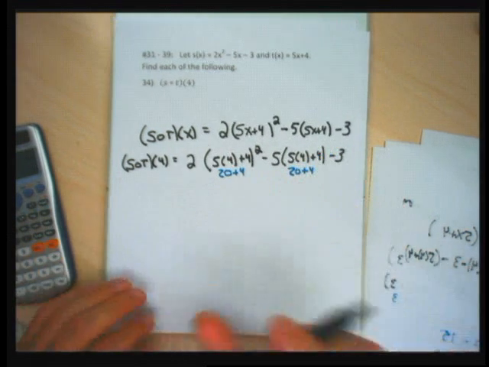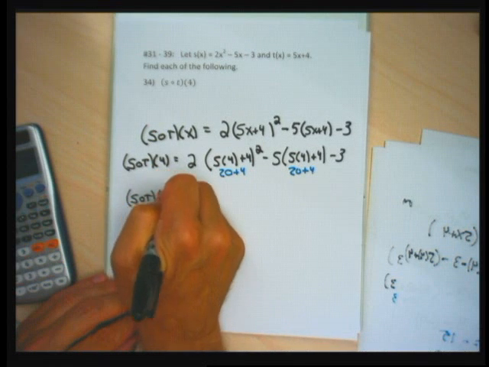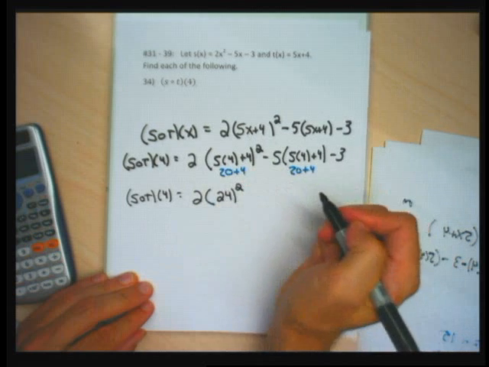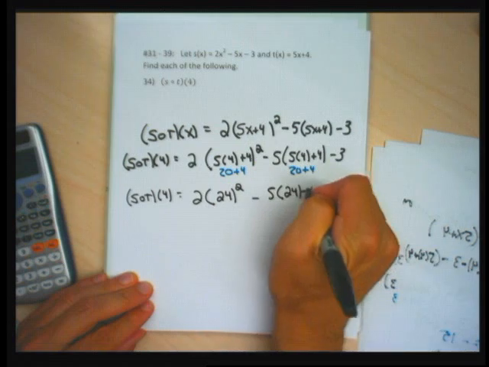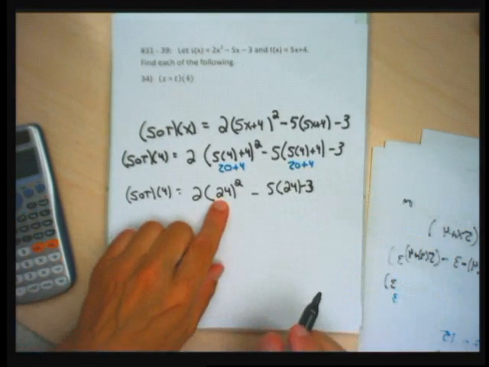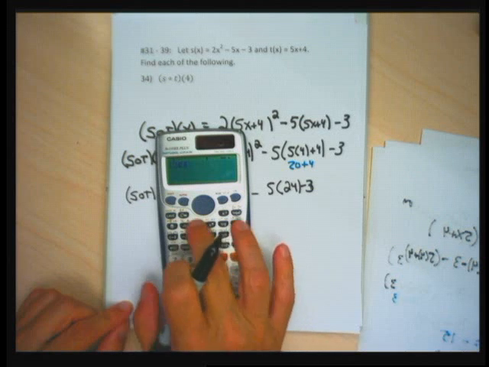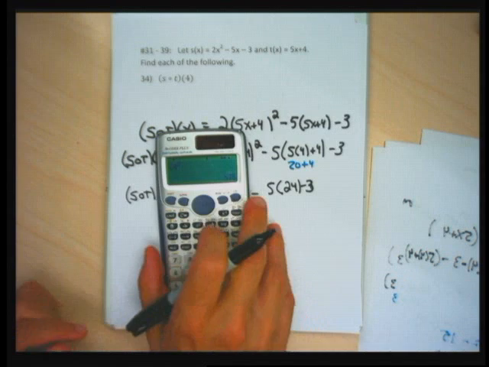So if I was doing this without my calculator, I'd go s composed with t of 4 equals 2 times, and then 24 squared minus 5 times 24 minus 3. Need to do the exponent next before I multiply. So 24 squared is 576.